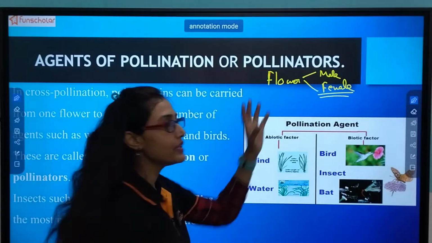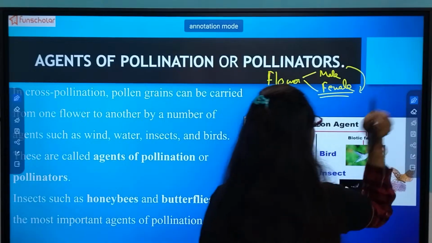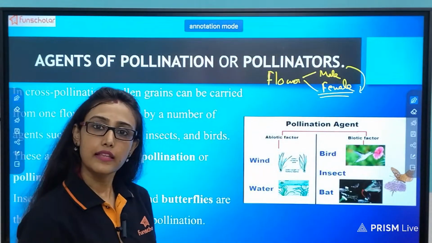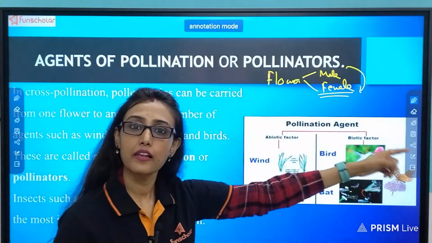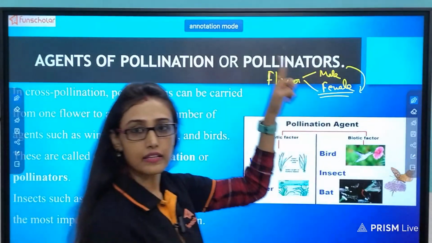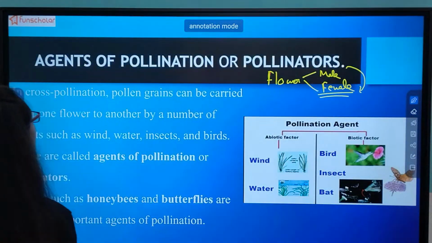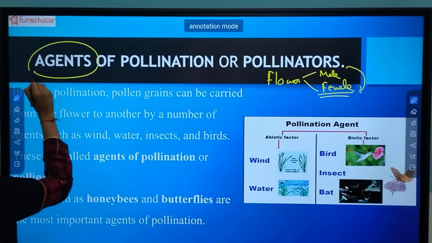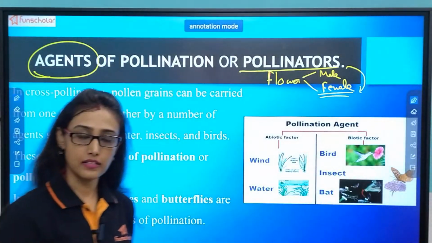So how will the pollen grains go to the female part of the flower? They cannot move by themselves, so they have to take the help of some other organism. That other organism who helps in the process of pollination is known as an agent, or another name is pollinator.